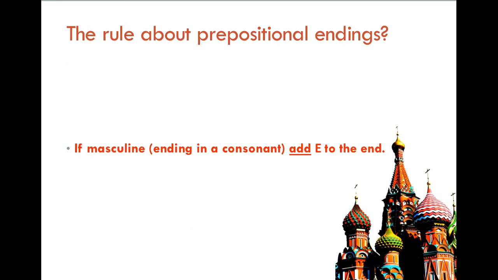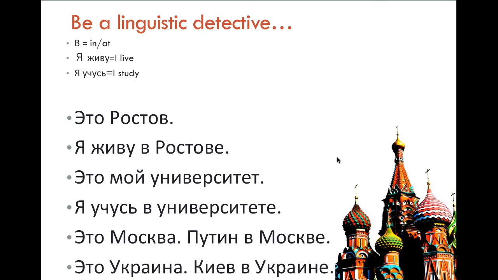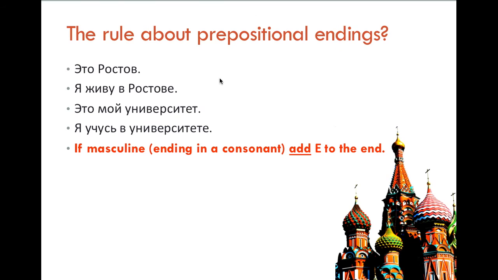Let's discuss. Okay, so what's the rule about the prepositional endings? You want to say "in blankety blank." The blankety blank, if it's masculine, meaning that it ends in a consonant, you add an "e" to the end. Okay, so I'm just giving you the rule. Now we're going to go back and look at how that rule was applied. For example, это Ростов.